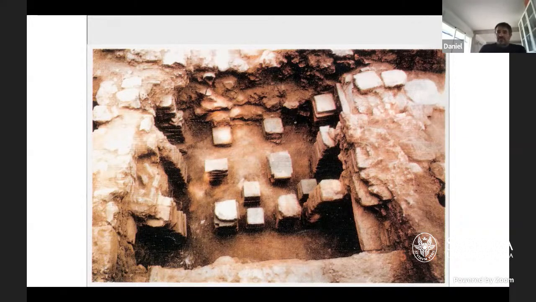This balneum still preserves all the rooms with, let's say, a canonical distribution. So apoditarium, the wardrobe, and a cold, warm, and hot room. So the classical or canonical distribution in a balneum.